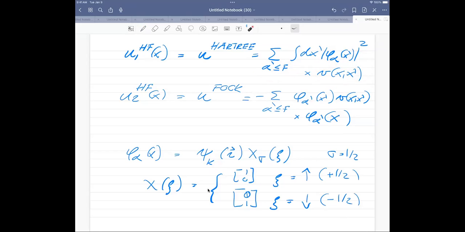So the potential which we have is going to be a potential of x and x prime, which is actually equal to a function of the relative distance between two particles. Only that. There is no spin dependence.